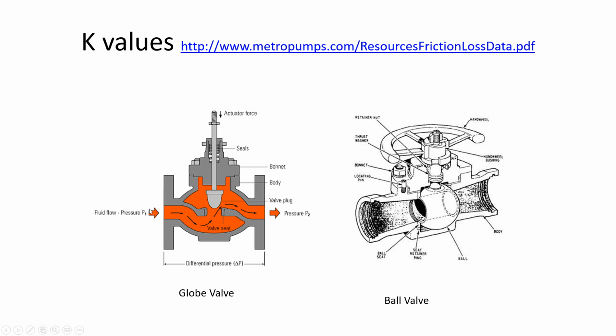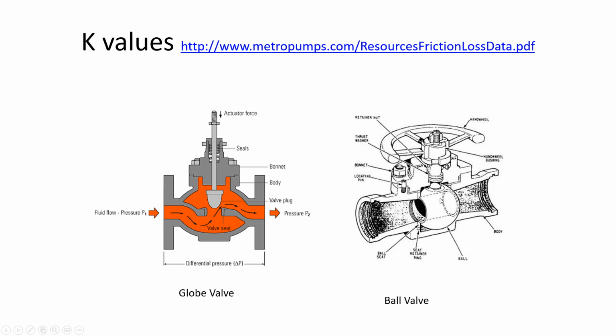This is just another look at the globe valve, and why its K value is going to be relatively high is because the diameter of the water flowing through this valve that's opened is going to be smaller than the inlet diameter of the pipe that's going into that valve. And so the majority of the energy loss is due to having to flow through a smaller orifice inside of the valve. Of course, there's also the change in direction that's causing a reduction in the energy that's flowing through it.